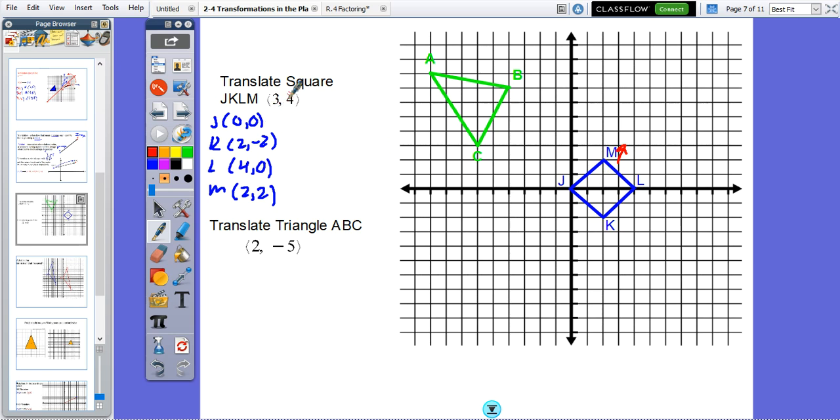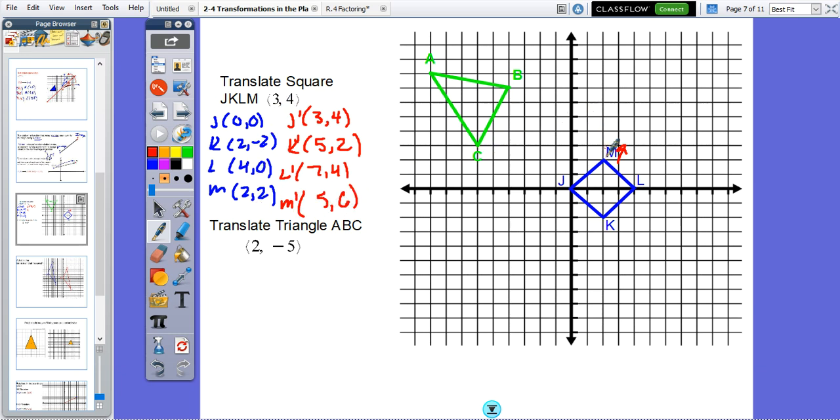So by shifting this along the vector 3, 4, we now have a J prime at 3, 4, a K prime at, sorry, not 2, there you go, at 5, 2. L prime is now at 7, 4, and M prime is now at 5, 6.